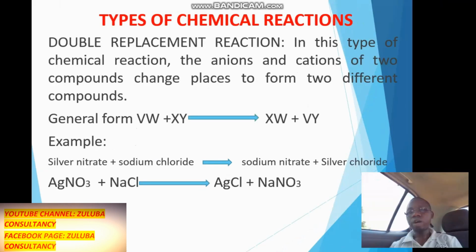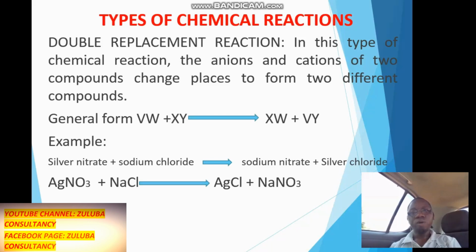The fourth type of chemical reaction that we need to know is the double replacement reaction. In this type of reaction, an anion and a cation of two different compounds change places to form two different compounds. We have a general example: WV is reacting with XY.